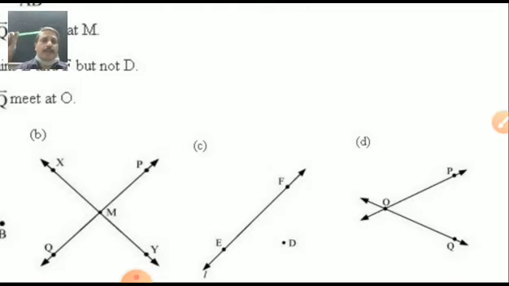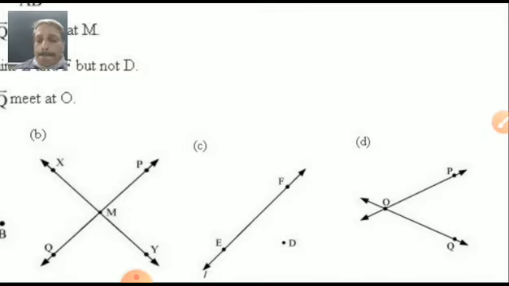Two lines, line OP and line OQ, met on point O. So one point is common. Using 3 points, you can draw 2 lines, line OP and line OQ.